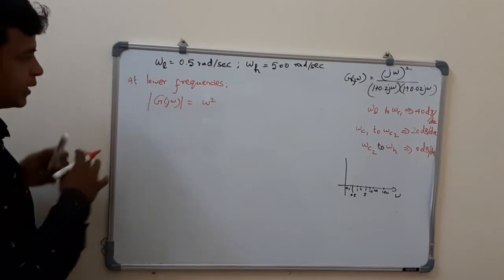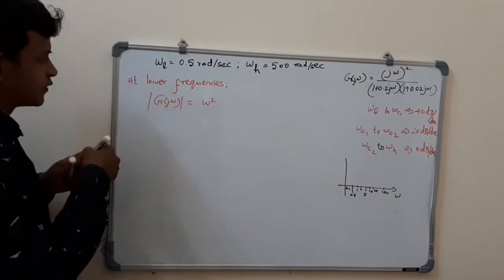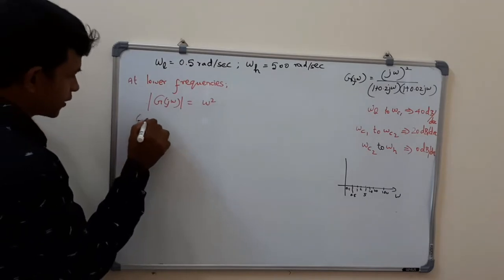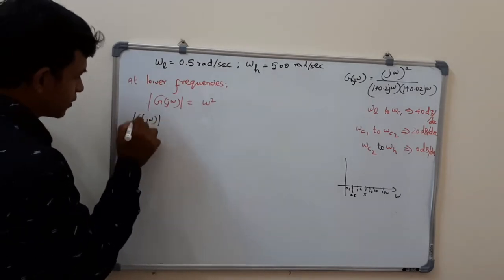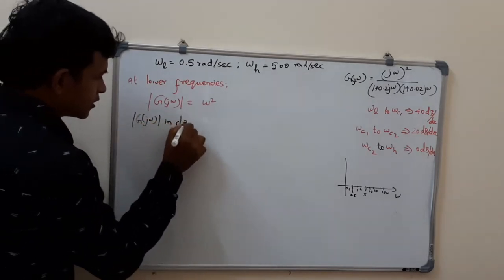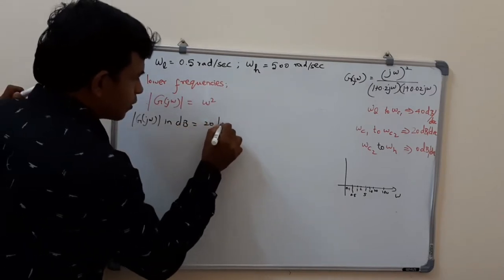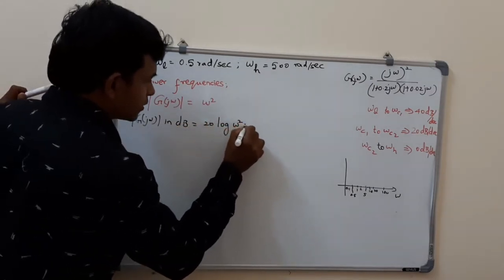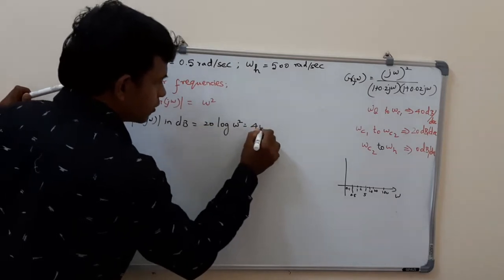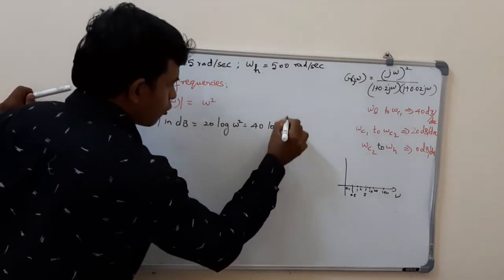And in dB, the magnitude of G of j omega in decibel equals 20 log of omega square, that is equal to 40 log of omega.